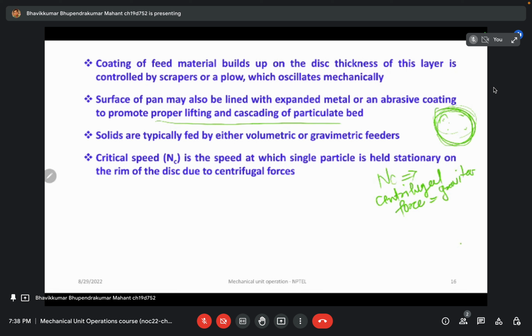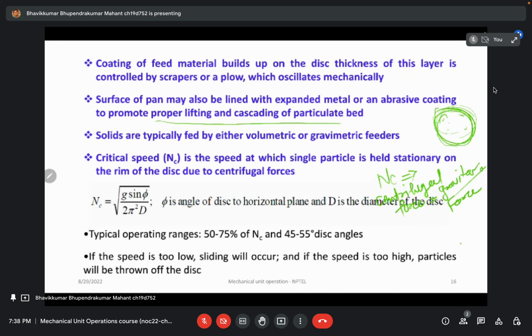From that you will get the value of NC, or critical speed, which is NC equals the square root of g sin phi upon 2 pi squared d. Phi is the angle of the disc to the horizontal plane, and d is the diameter of the disc.